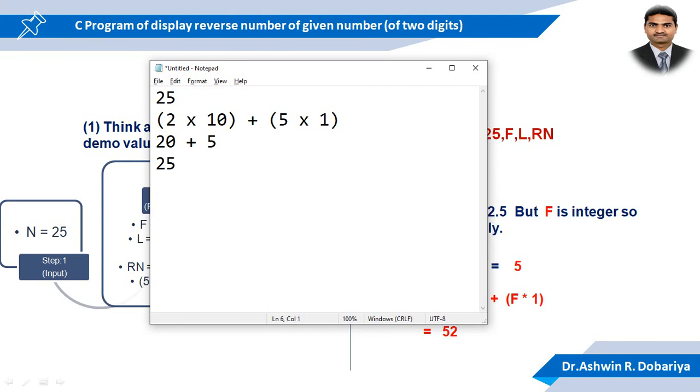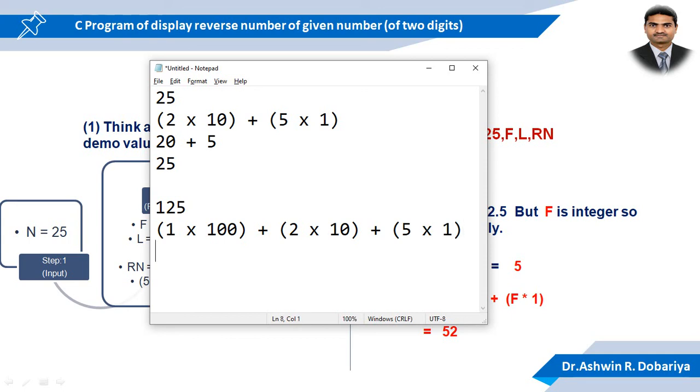The same rule you can apply in any format, like 125. So how is 125 actually formed? The first digit is multiplied by 1, the second digit by 10, and the third by 100. So if I write it like this, 1 multiplied by 100, plus the second number multiplied by 10, and the third number multiplied by 1.